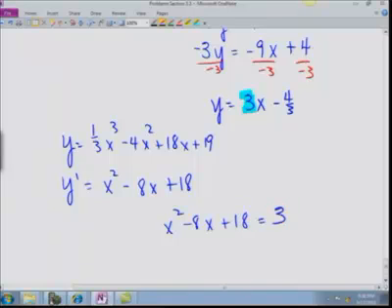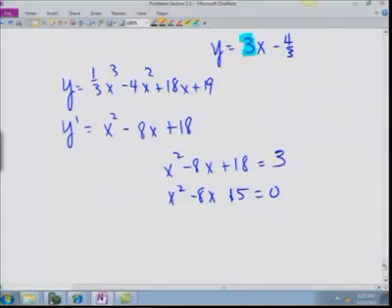Can we solve that just as it is? What do we need to do? When you're solving a quadratic, you need 0 on the right, everything else on the left. So we got that. Does that factor?